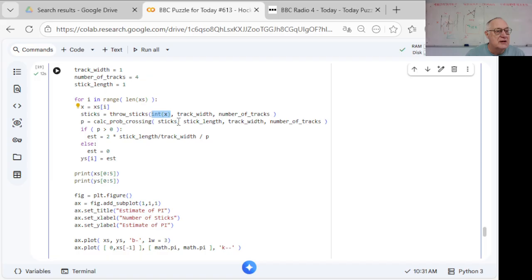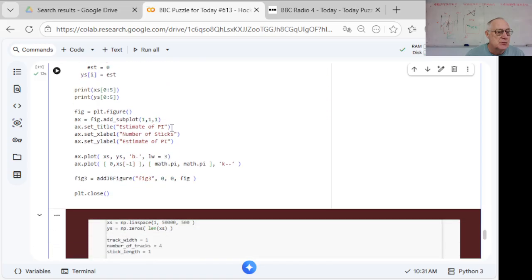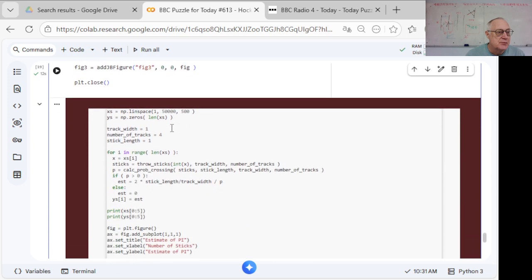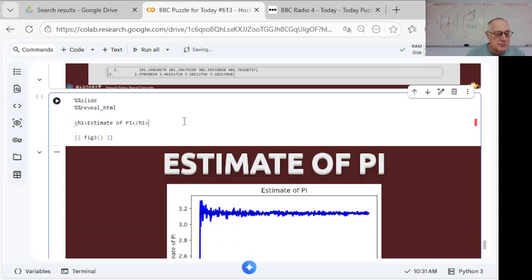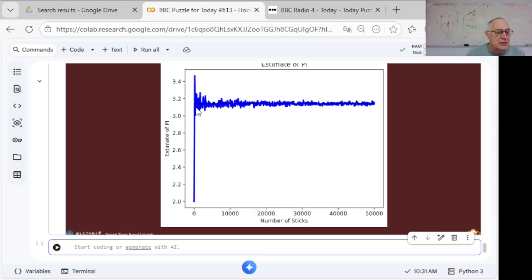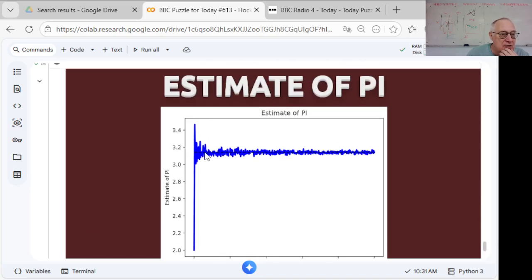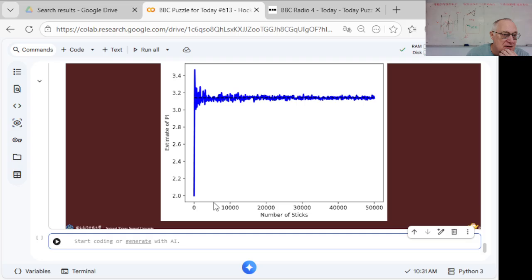Here, this is how many sticks I throw. Then here's the result. You can see 3.14, the actual value of pi is this black line here, and you can see that even after say 10,000, the value converges pretty nicely to the correct value of pi.